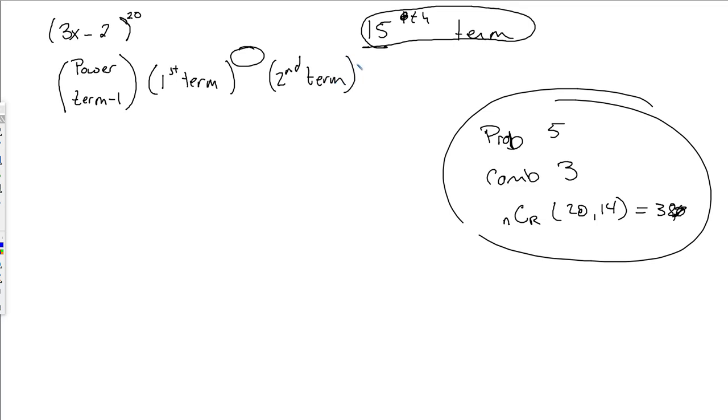The second term is going to be raised to the power of the term number that we're looking for minus 1. How do I find this exponent?